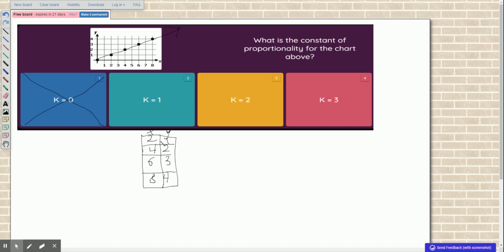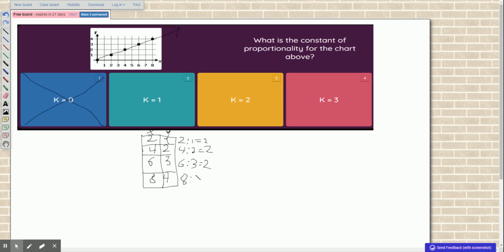So if we were to divide each one of these to figure out my rate, 2 divided by 1 would give me 2. 4 to 2 would give me a rate of 2. And you can see a theme here. 6 to 3 would give me a unit rate of 2.